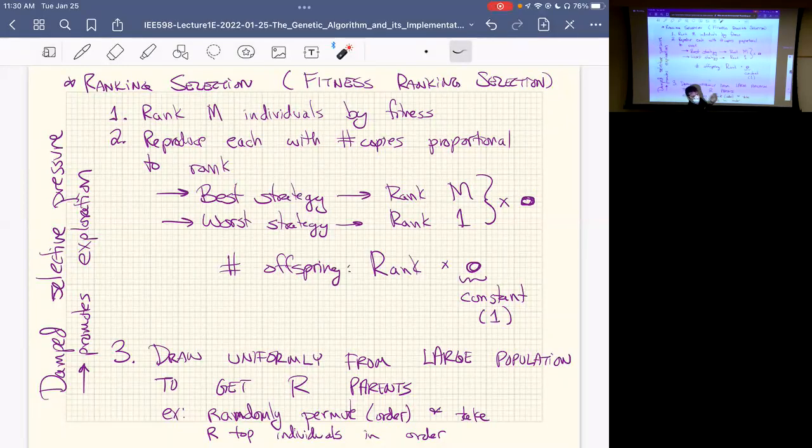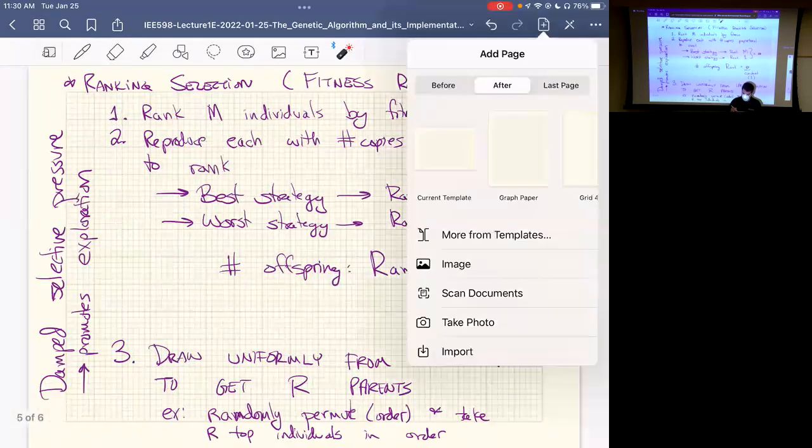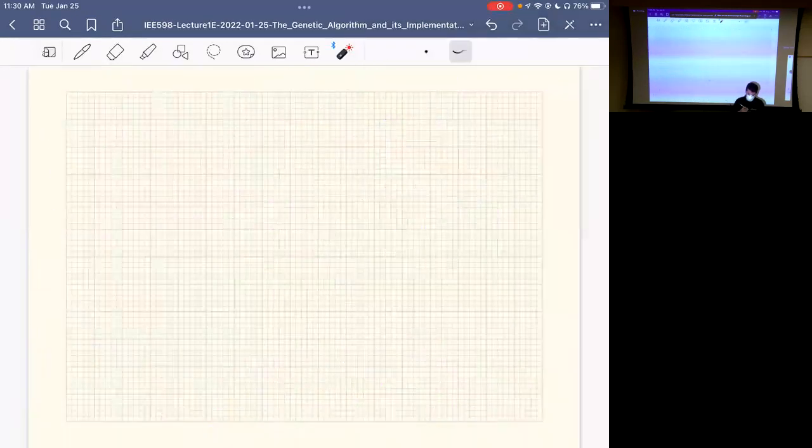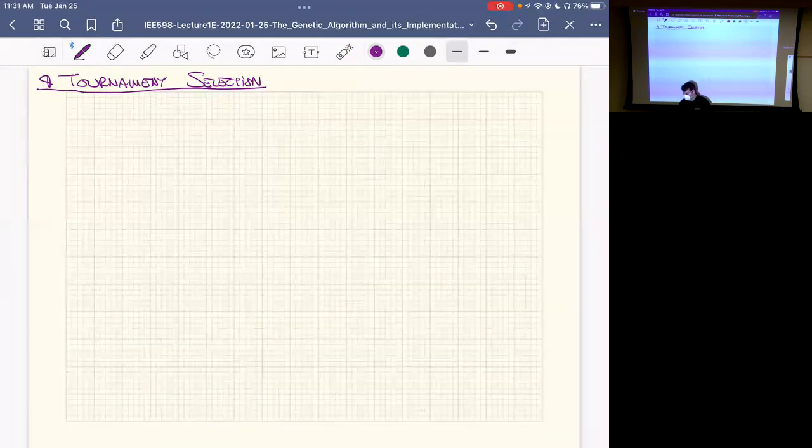So ranking selection, then the last one that I want to talk about, the broad selection operator to cover all the categories that you'll see in literature a lot, is tournament selection. Again, these were all driven by people becoming worried about the drift selection balance. So what the heck is tournament selection?